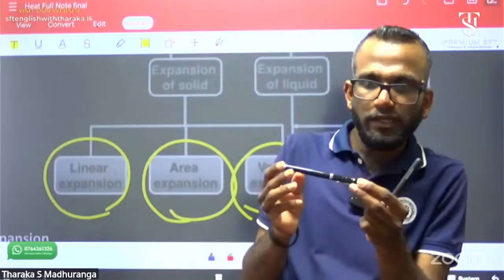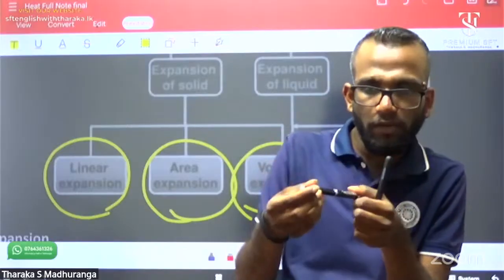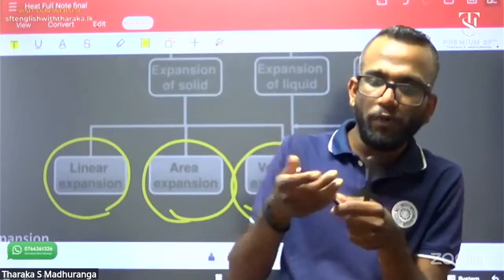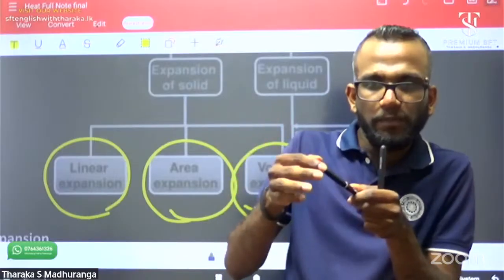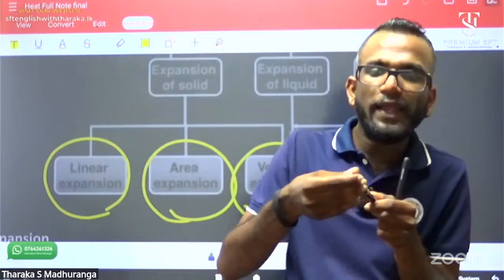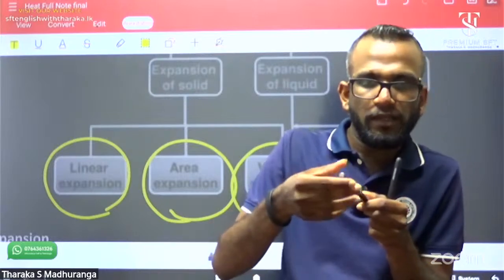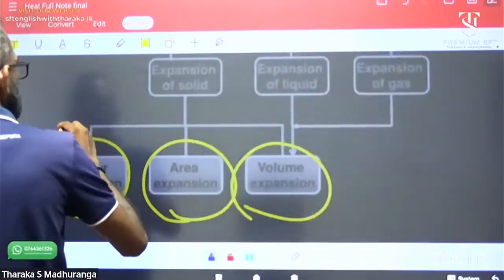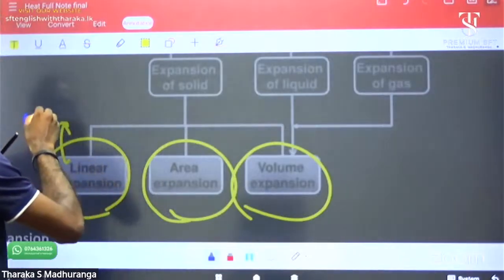If you have a solid rod and I heat it, we don't need to think about area or volume. Only think about a small rod, very thin rods, and only consider length expansion. This length expansion we call linear expansion.